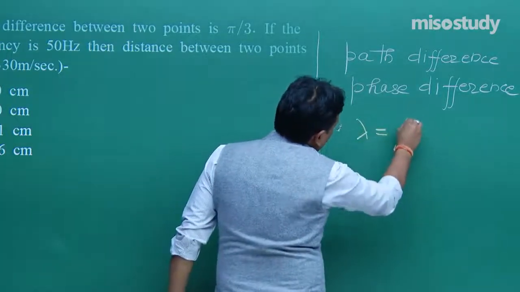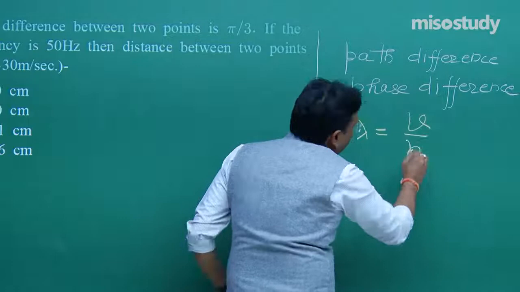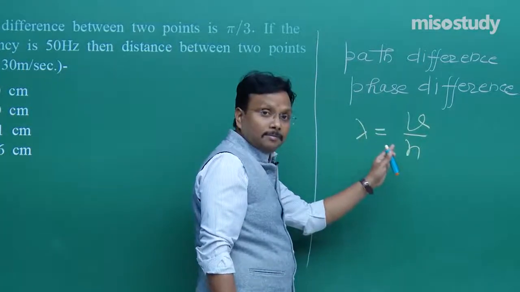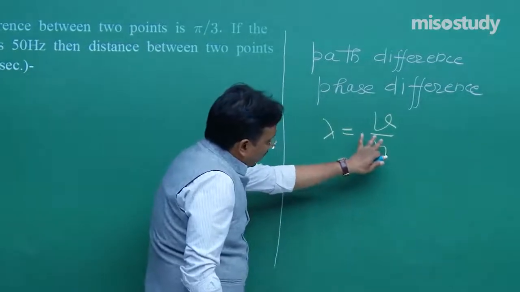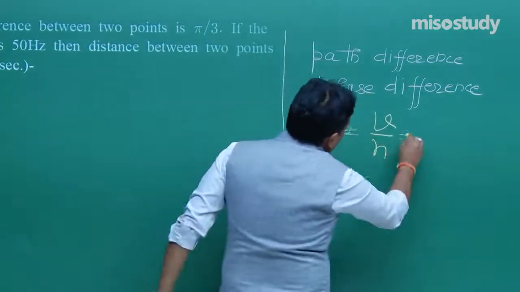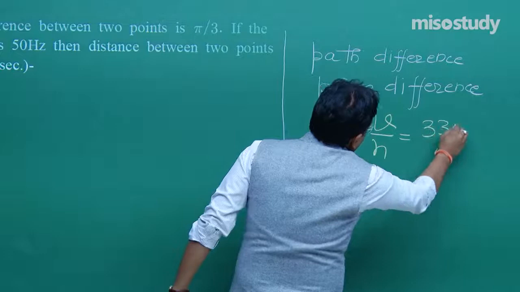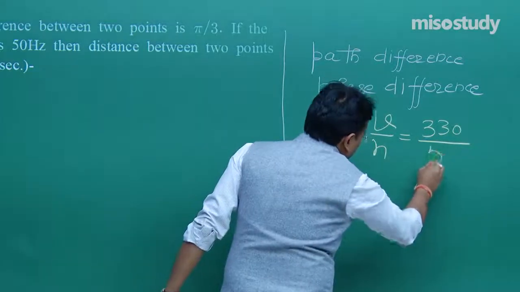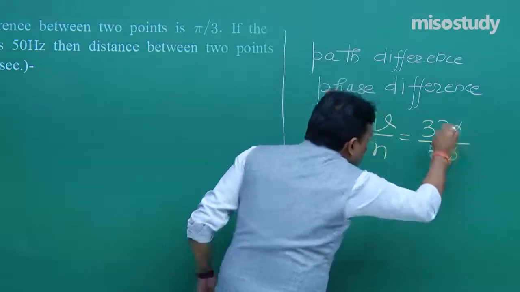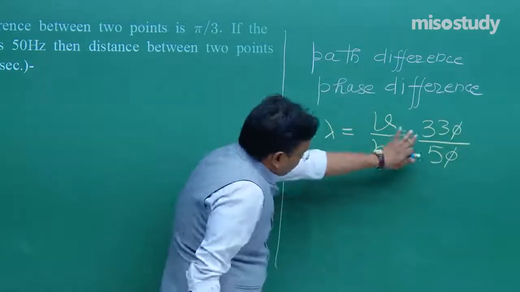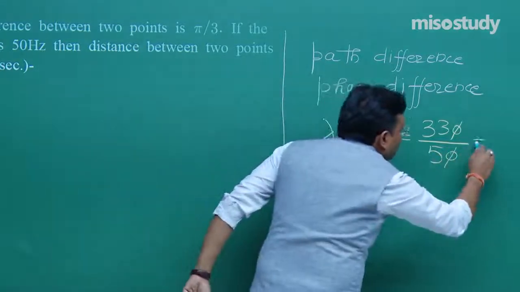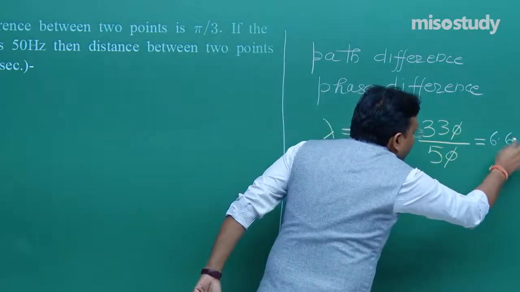Lambda is equal to V upon N or V upon F. Just 5-10 minutes back I used this result. Over here let me put the values as 330 upon 50. Cancel. What you will get? 33 by 5, or you can say it is 6.6 meter.